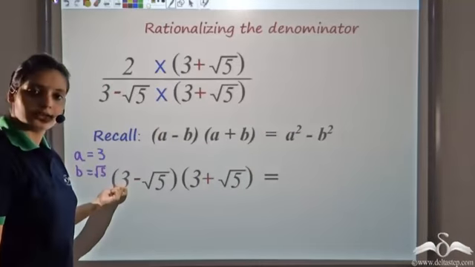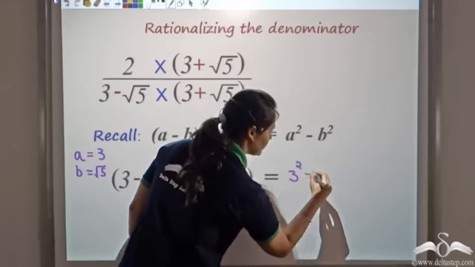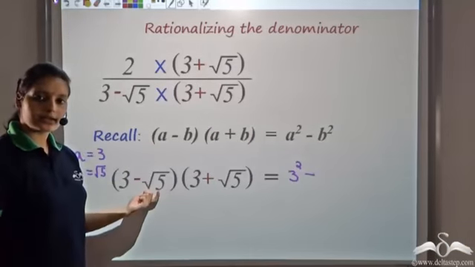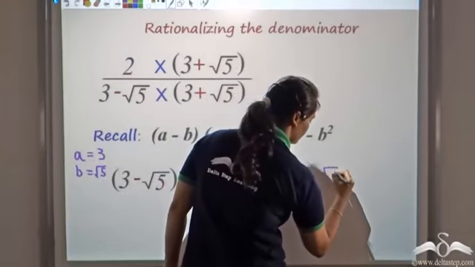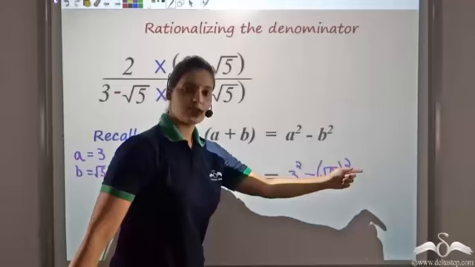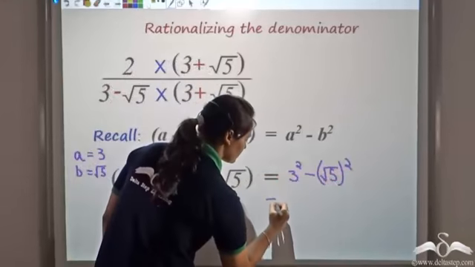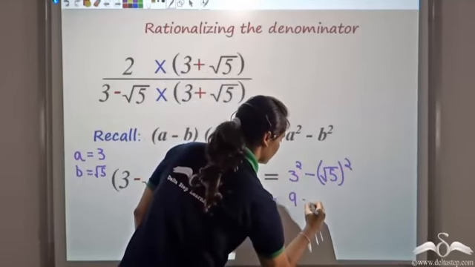What is a here? 3. So that should be 3 square minus b square. B is under root 5, so under root 5 square. That is b square. So simplifying this, what I get is 3 square is 9 minus under root 5 square is 5. So this gives me 4.